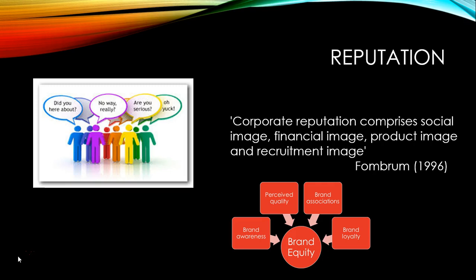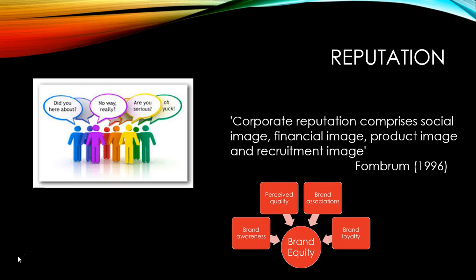When we talk about brand equity, as shown on the model, we tend to talk about more brand focused elements, such as how loyal our consumers are, how aware they are of us. Reputation digs a little bit deeper into the organisation. So here we're talking about the social image that the brand has, its behaviour on a social level, how it relates to society and the wider community that the organisation is a part of. Its financial image, so how it behaves financially, is it performing well? Does it have a high degree of debt, or is it financially sustainable?